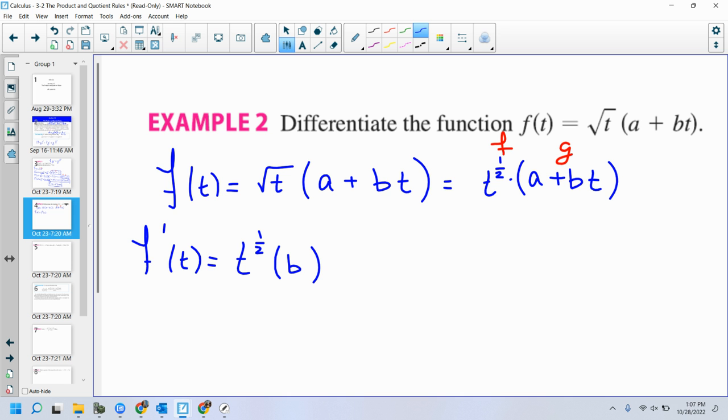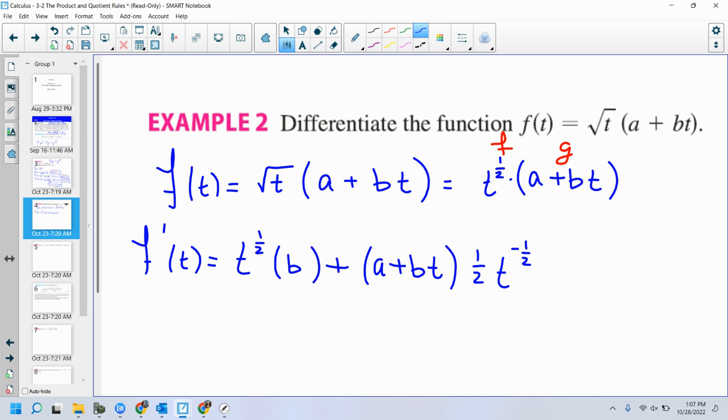Plus g times f prime. That would be 1/2 t to the negative 1/2, right? So this is in essence our derivative.